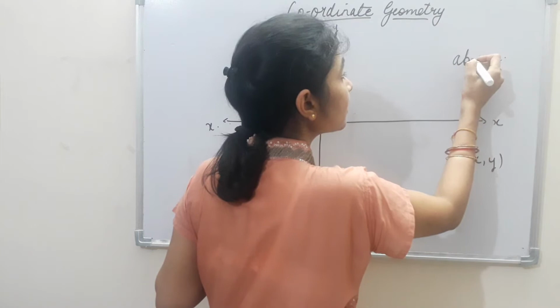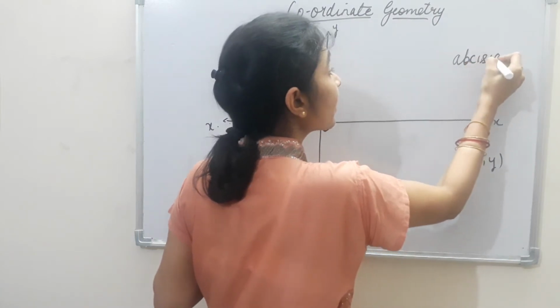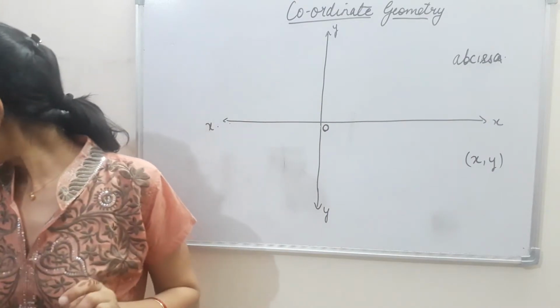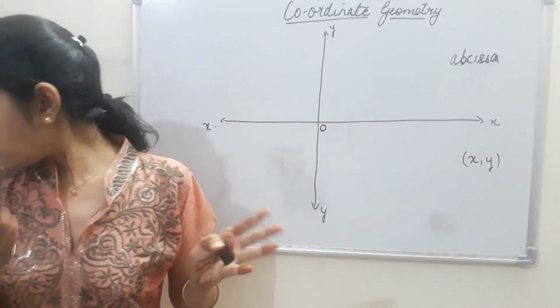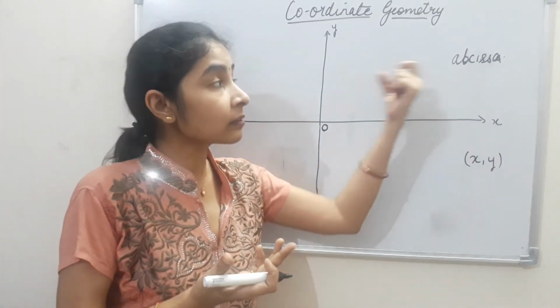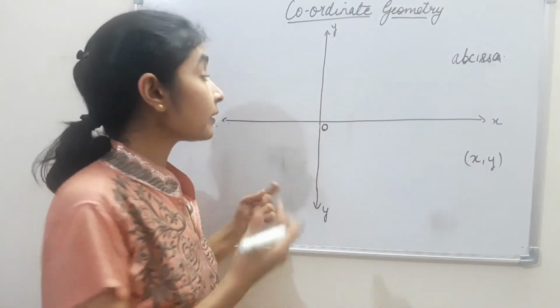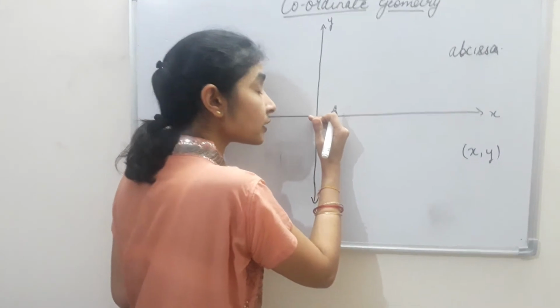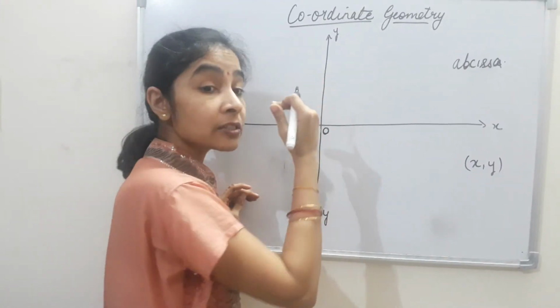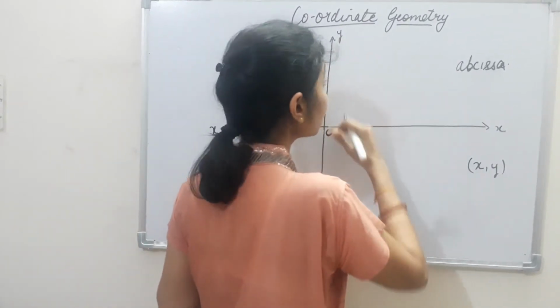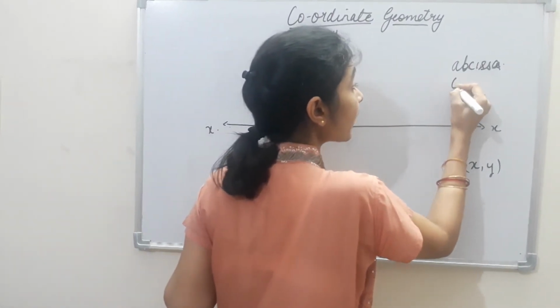It is A-B-S-C-I-S-S-A, abscissa. The distance from the origin upwards, that means vertically, is represented by y on the y-axis, and that we call the ordinate.